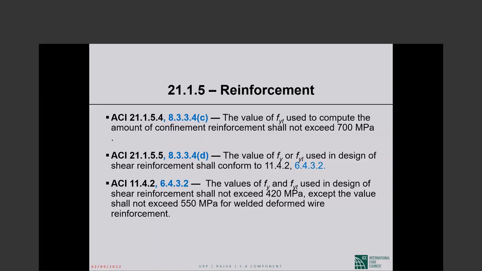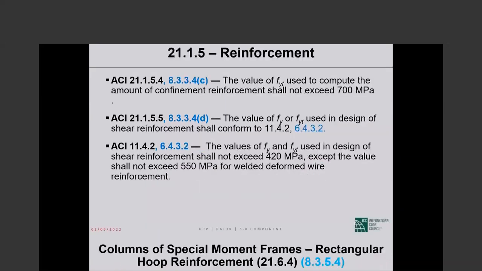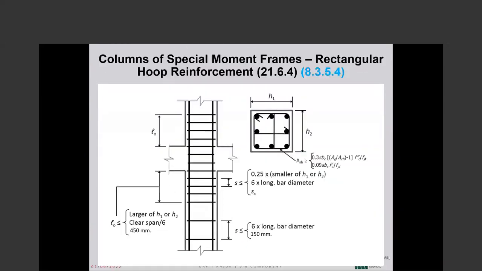So in the shear carrying role of the transverse reinforcement, your limit is 60 ksi, 420 MPa. Now, why is the 100 ksi limit for confinement reinforcement so important?